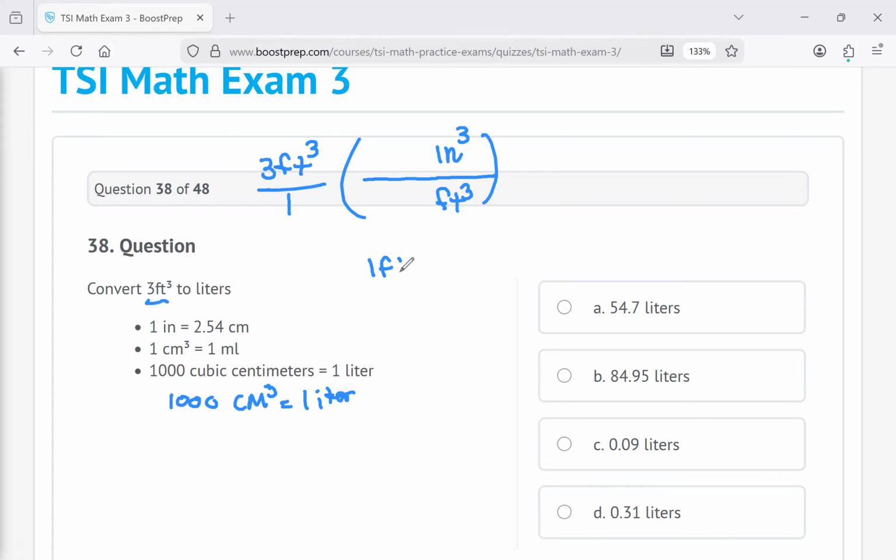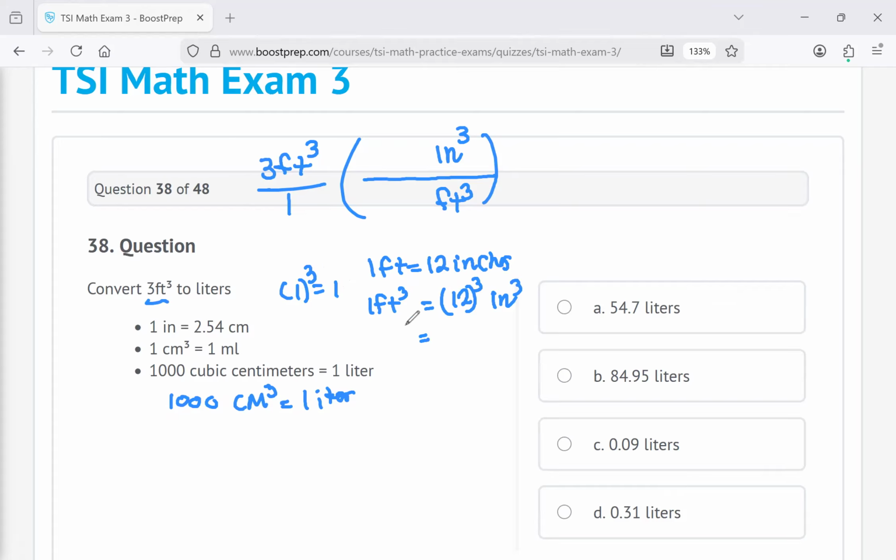We know that 1 foot is 12 inches. We want it in feet cubed and inches cubed, so 1 feet cubed, the same thing as 1 to the third, is still one, and this would be 12 to the third, which gives you inches cubed.